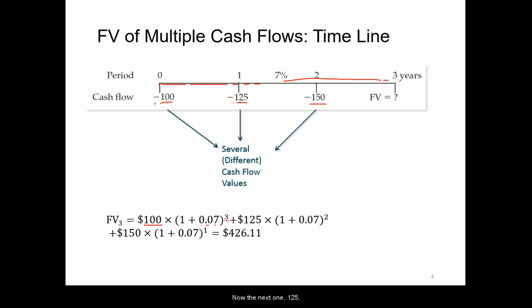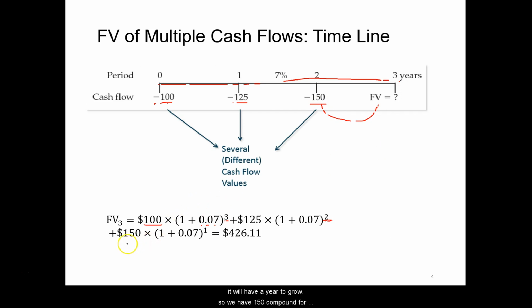Now the next one, $125, if we invest it at the end of year 1, and then by the end of year 3, this $125 will have 2 years to grow, or say to compound. So that's why we do 125 multiplied by 1 plus the 7% interest rate to the power of 2. The last one, which is 150 here, at the end of year 2, it will have a year to grow.